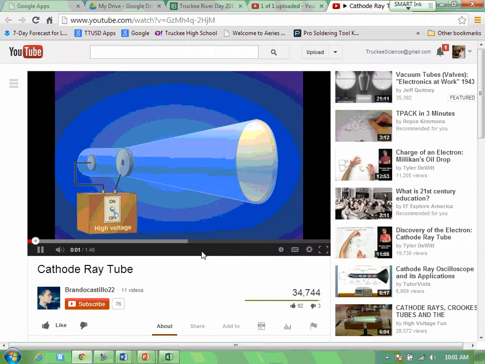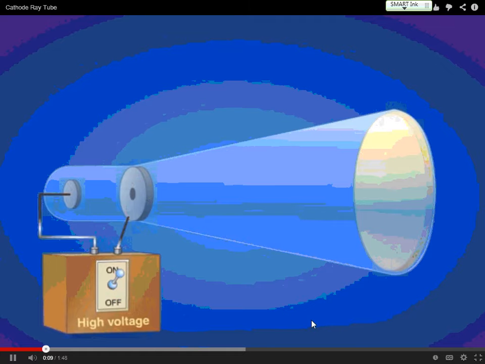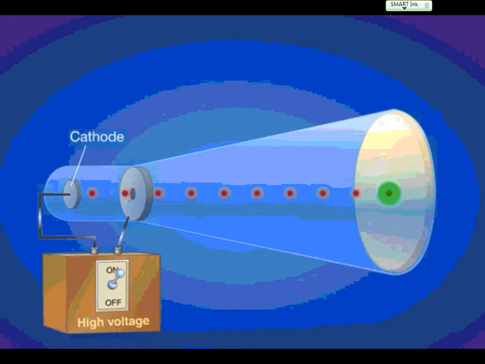And The ray tube is the forerunner of the television tube. It is a glass tube from which most of the air has been evacuated. When the two metal plates are connected to a high voltage source, the negatively charged plate, called the cathode, emits an invisible ray. The cathode ray is drawn to the positively charged plate, called the anode, where it passes through a hole and continues traveling to the other end of the tube.